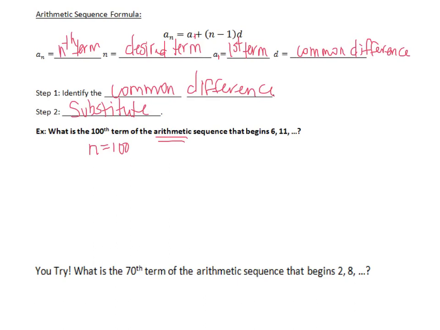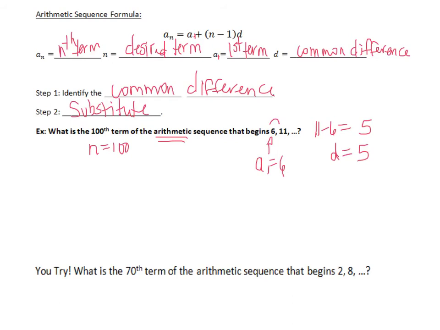Otherwise, we won't have a common difference. And so what is the 100th term of the arithmetic sequence that begins 6, 11, and so on? Well, 6 is the first term, so I know A sub 1 is 6. And then to find that difference, 11 minus 6, I know that it's 5. So D equals 5.